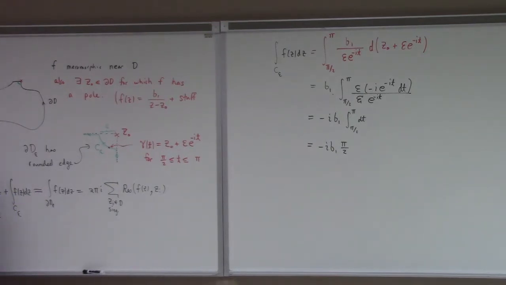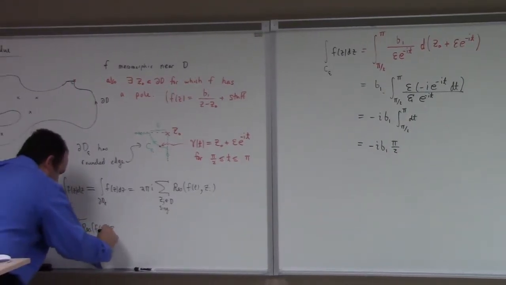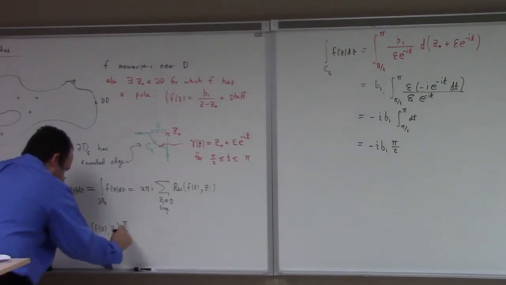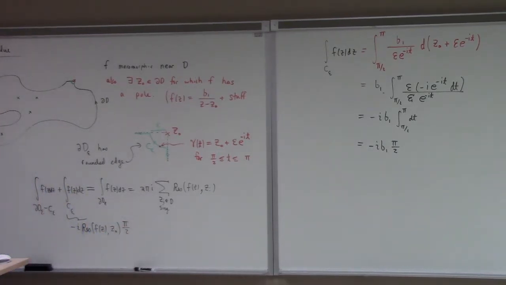So essentially what we've shown is that the singular part of the integral around the corner just leads us to a minus i b1. What is b1 though? b1 is the residue of f of z at z naught, yeah? Times pi over 2. Right?